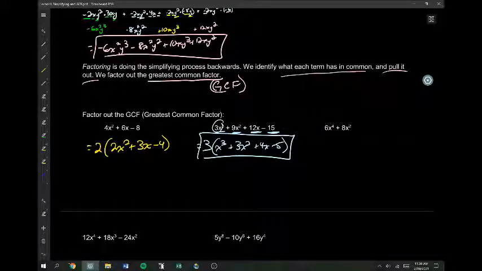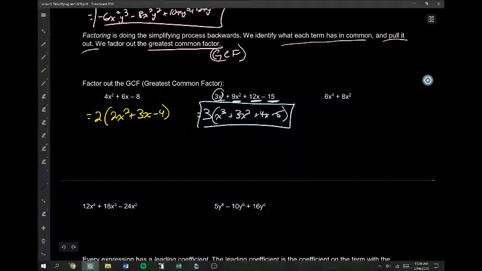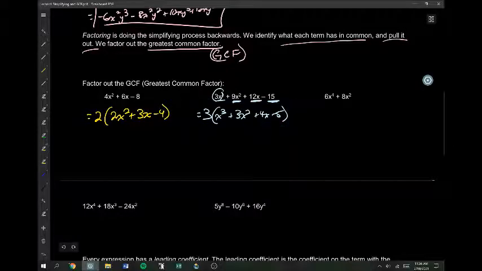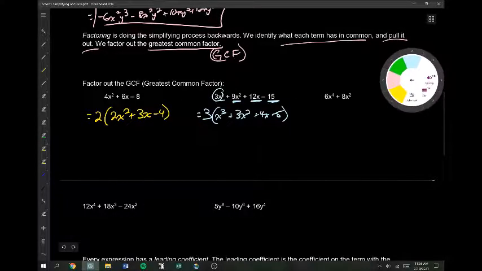Okay, so we can simplify, but we can also factor. And it's like you undo one with the other. Like, if I were to simplify this expression, I would redistribute the 3.